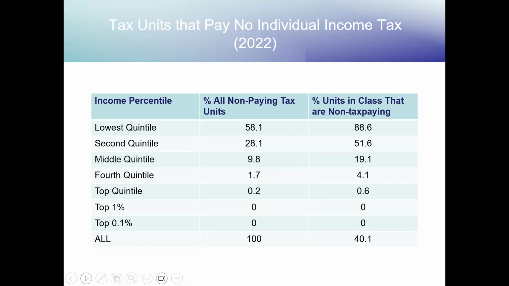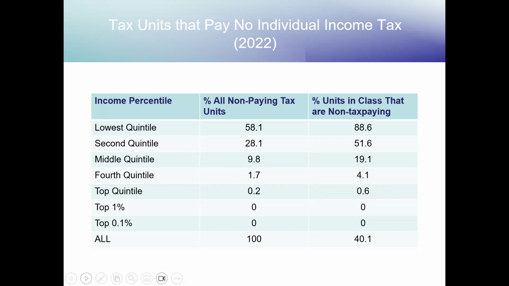And as we can see here, the way the system's set up is that it is distributed in a way in which most of the people not paying income tax are people that are in the lower 40% of the American population. So, we take the lowest quintile and the second lowest quintile, and together what we see is there's about 86% of those people in those income groups that pay no income tax.